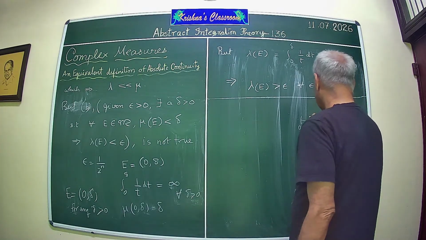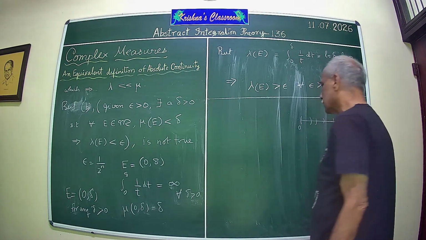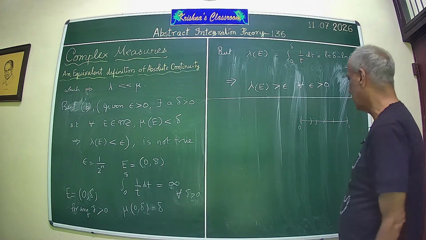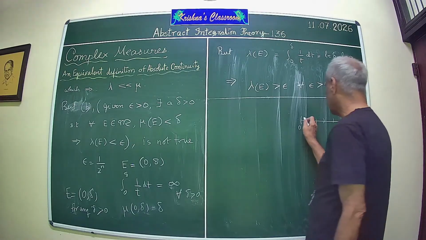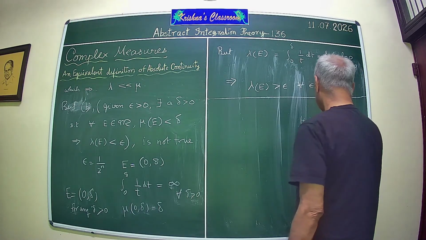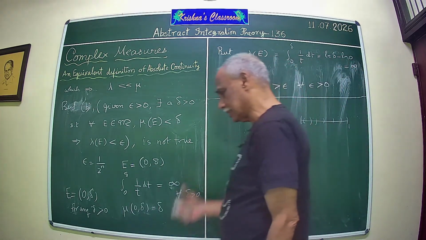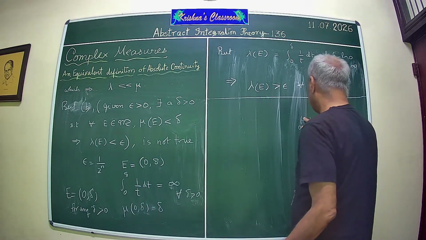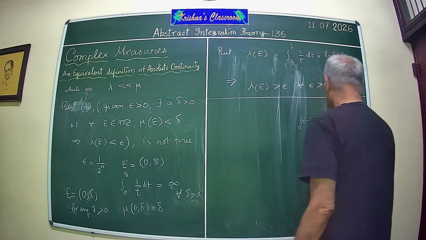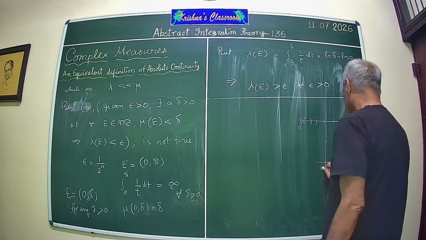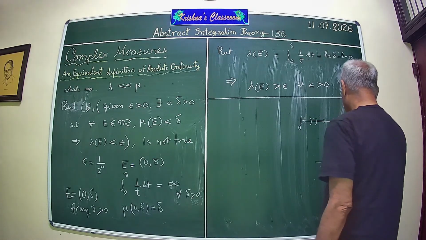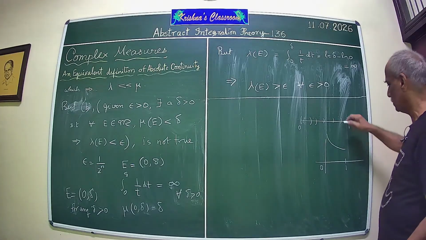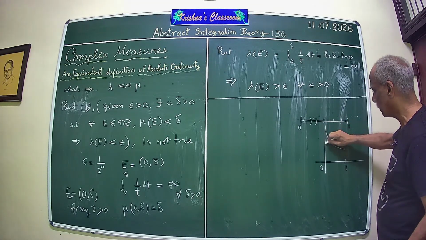Now if you start taking intervals like this, they all have measure infinity. The moment you drop this point and then start working out the sets, they are all going to be finite. So this 1 by t factor is the problem, because the function that you have behaves like this.